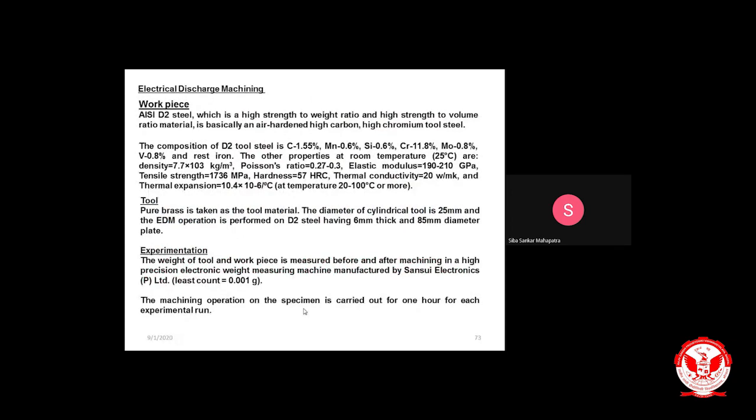Similarly, there is another example that we have shown, that is the electrical discharge machine. Here, AISI D2 steel is taken, the tool is pure brass, and then the experiment was conducted.